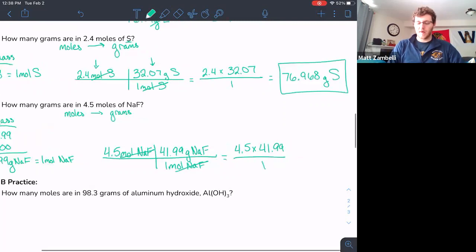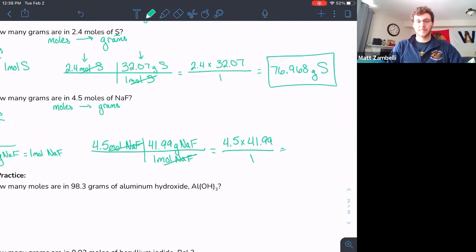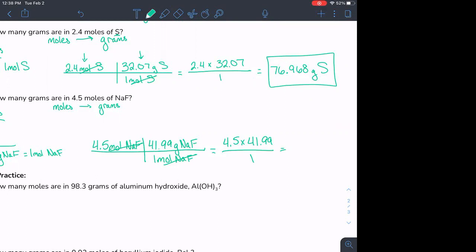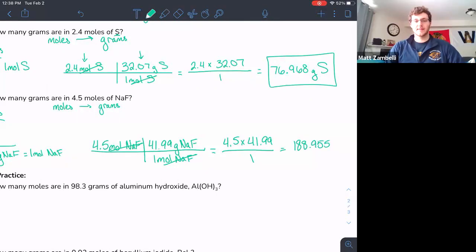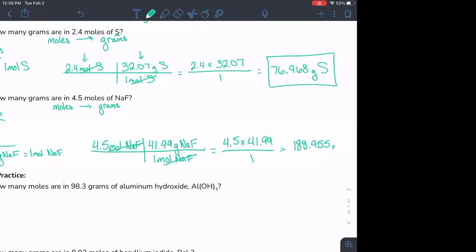And what do we get when we multiply and divide? 188.955. What are my units? Moles of grams.